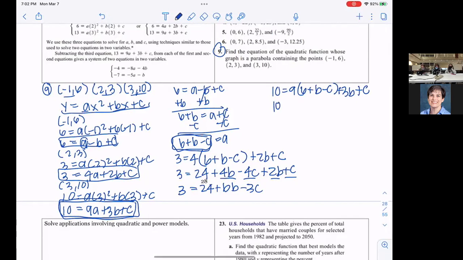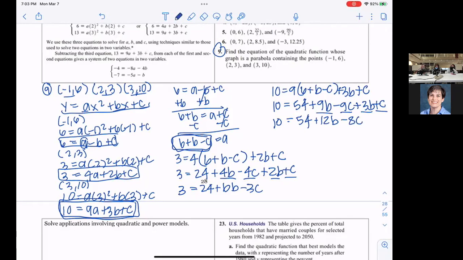And so simplifying this, we're gonna get 10 equals 54 plus 9B minus 9C plus 3B plus C. And simplifying this even more, we're gonna have 10 equals 54, and then we have a 9B plus 3B, so that's gonna give us a 12B. And then we have a minus 9C and then a plus C, so that's gonna give us a minus 8C.